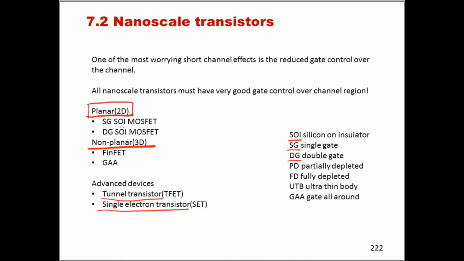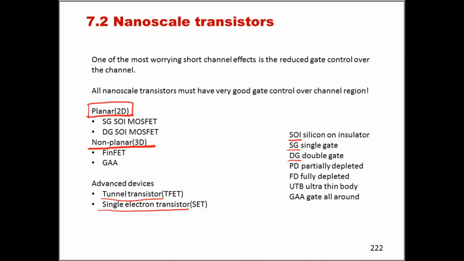This was the first one that people have come up with to try and solve a little bit the problems arising when scaling the MOSFET, the standard planar MOSFET geometry.